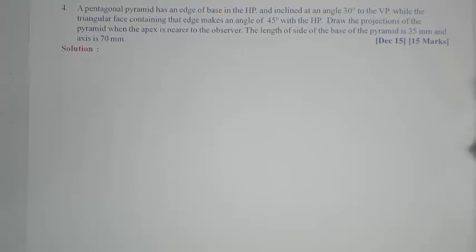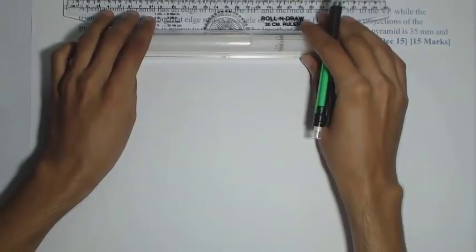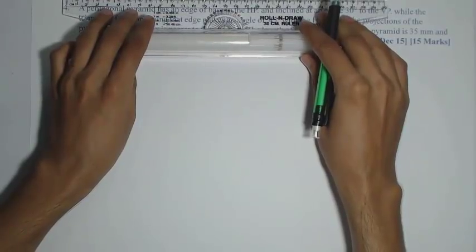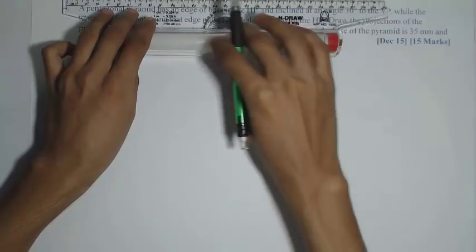So again we need to start with the pentagonal base in the top view, keeping the one side of the base on the right hand side and perpendicular to the XY line.